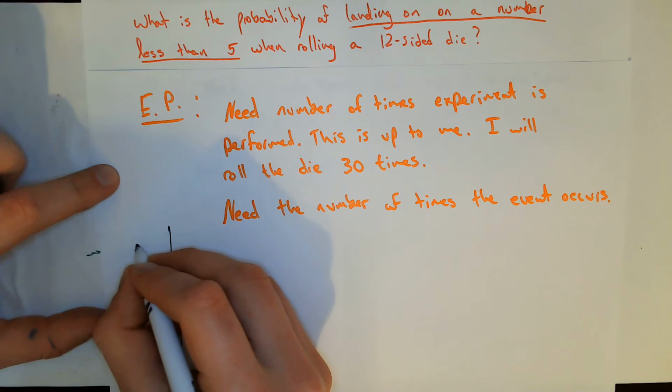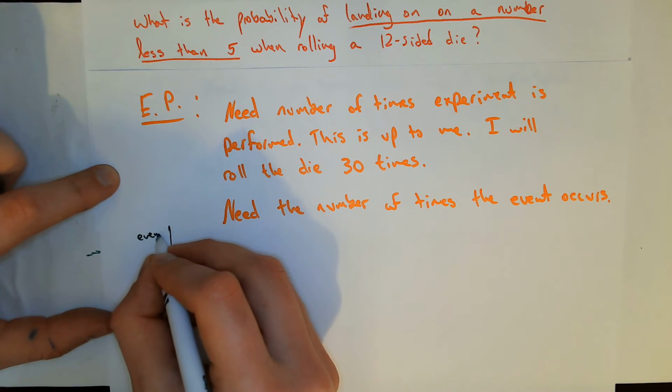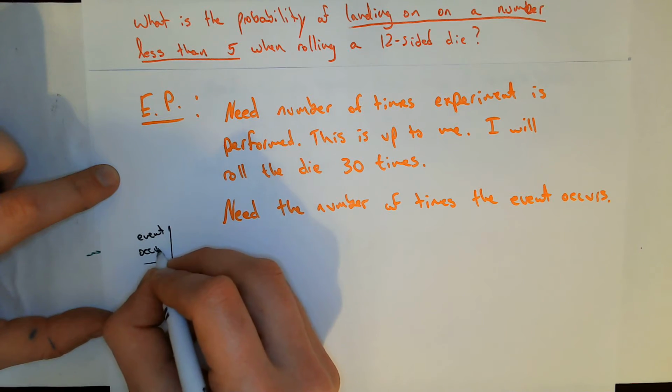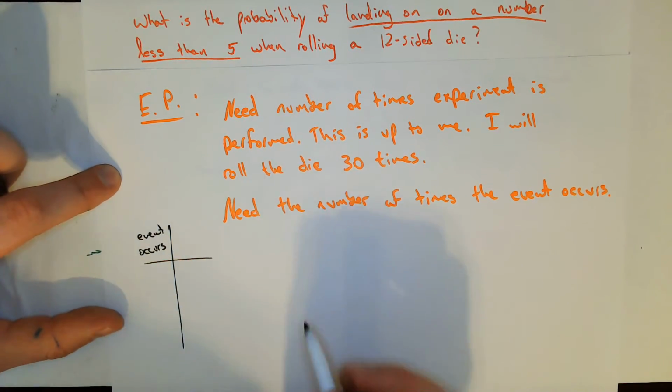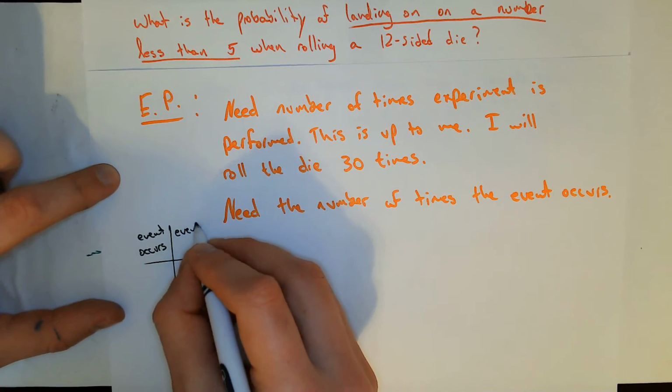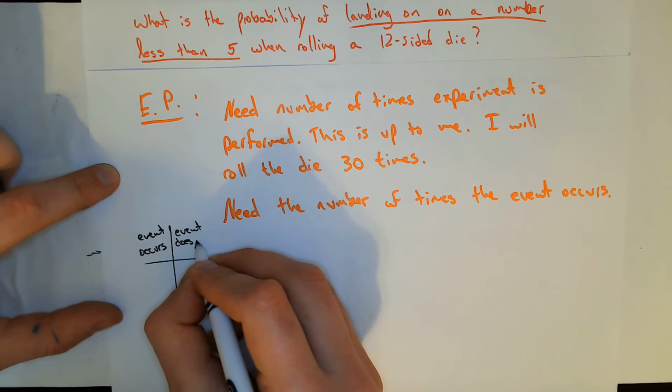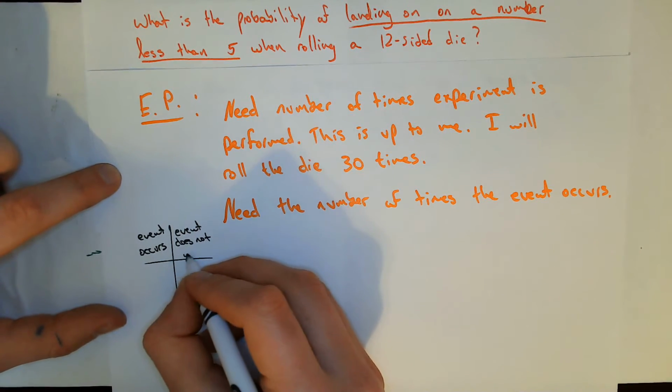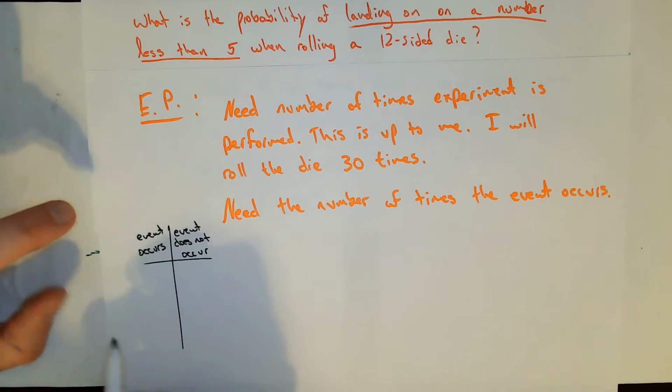Event occurs on this side, and over here, event does not occur, so this would be rolling a 5 or bigger. And I'll just do tick marks.